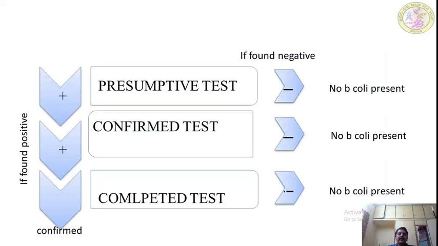First, a water sample is taken and a presumptive test is done on the water sample for finding the E. coli bacteria.